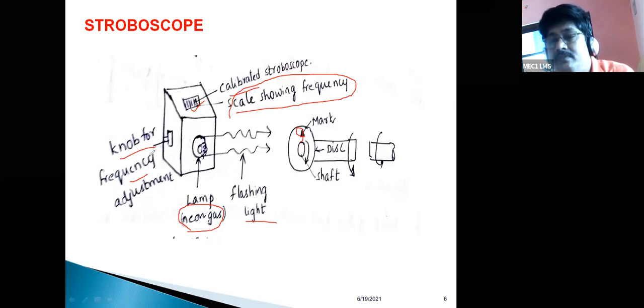Up to that, we have to adjust the knob. That frequency you have to note down with the help of this reading, which is proportional to the speed of the rotating shaft. So I will tell you one example.